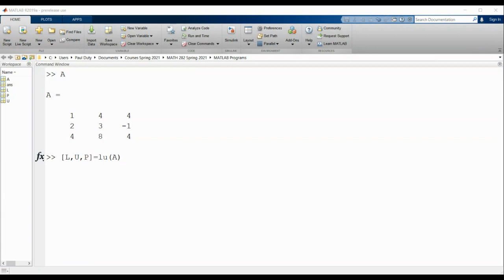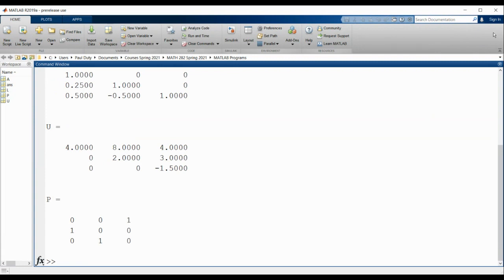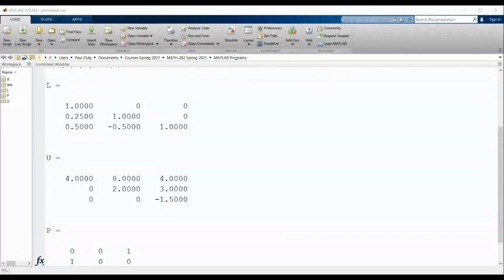So if you type that in and hit enter, you get the matrix L, the matrix U, and the matrix P. Now, does the matrix L match what you copied in your notes? Does the matrix L match what you found?